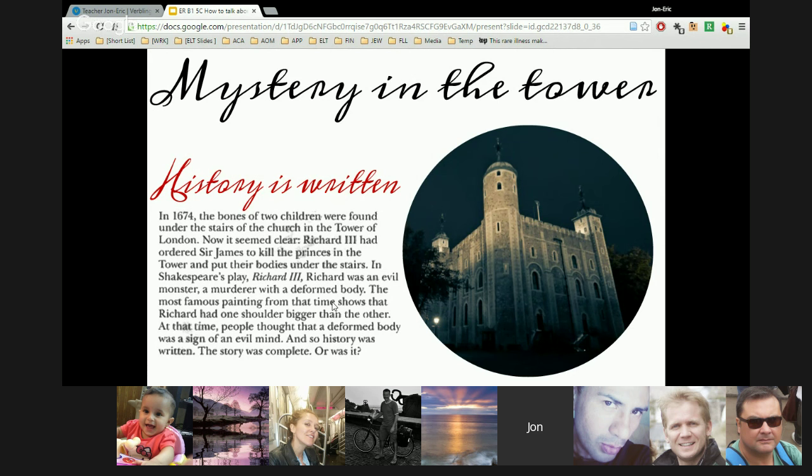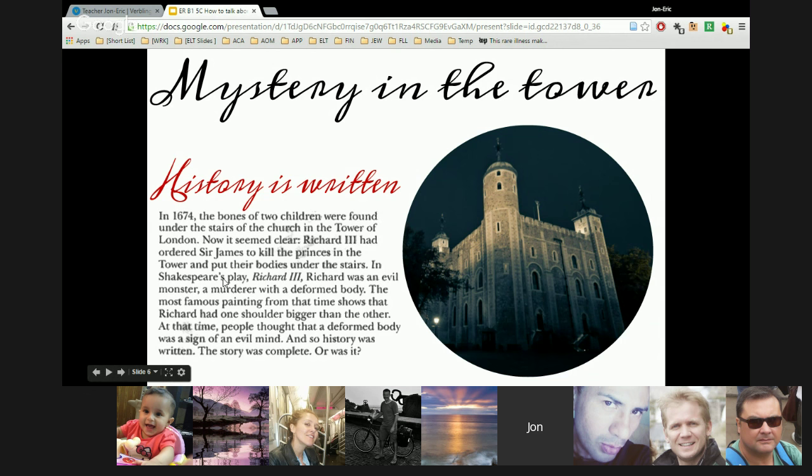Ooh. Now it seemed clear. Richard III had ordered Sir James to kill the princes, not princess, but princes. The princes in the tower, and put their bodies under the stairs.